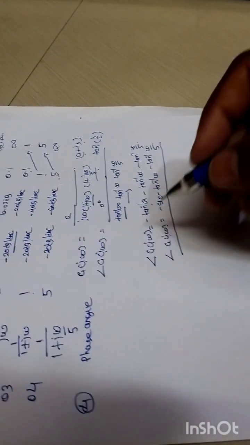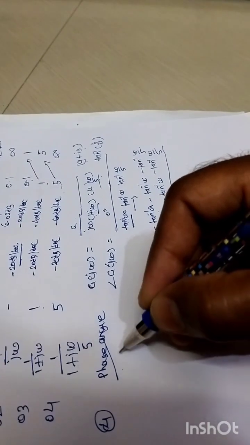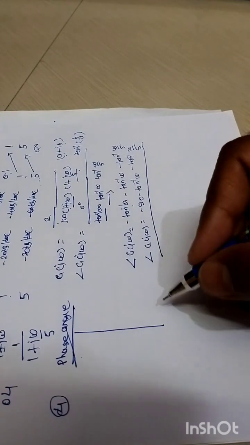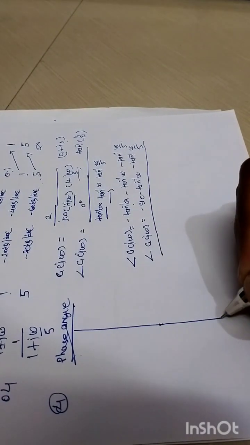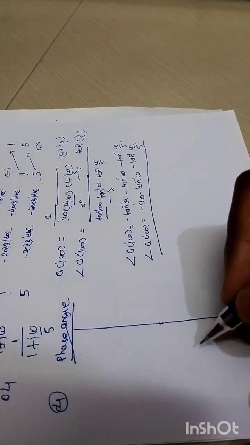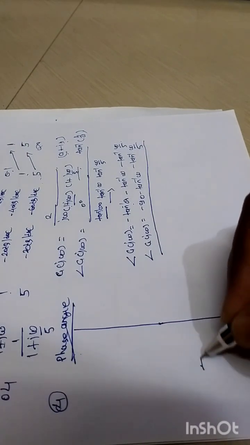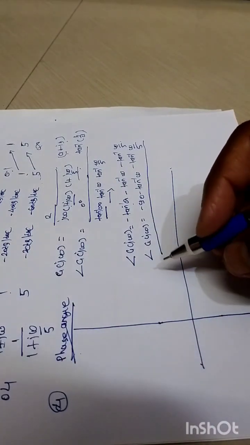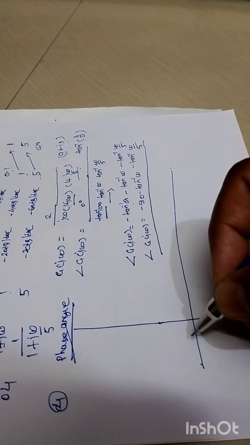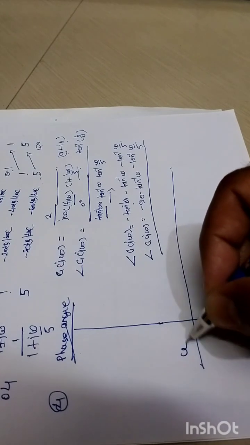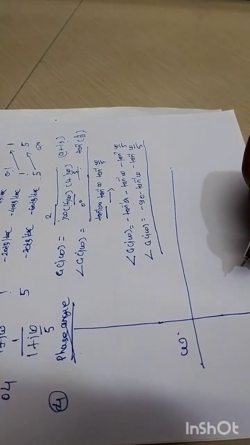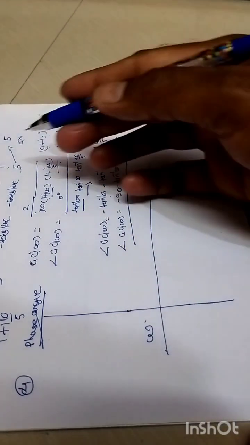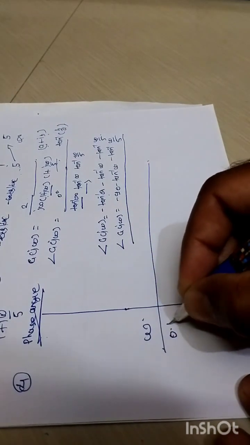Then immediately what we need to do for this phase angle plot is draw one more table here like this, for different values of ω. This ω starts from the starting point, which is 0.1.